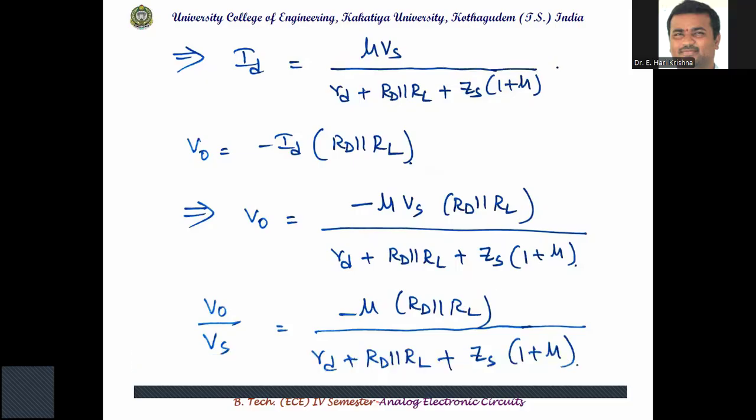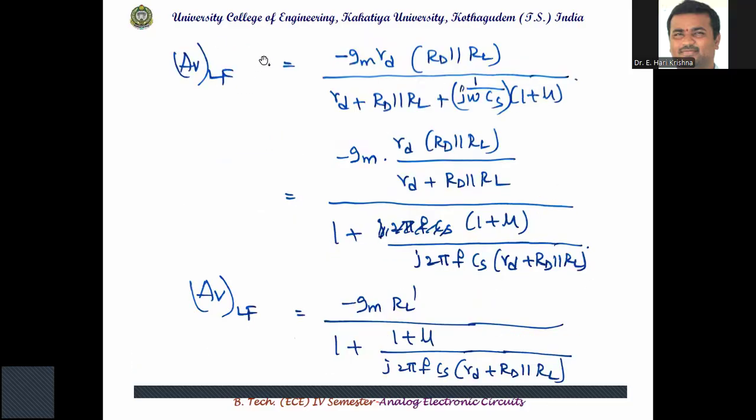More simplification is needed here, right? So mu, we are writing it as gm rd for more simplification. So minus gm rd, RD parallel RL, over rd plus RD parallel RL plus ZS, where we are substituting 1 by j omega C. It's okay, RS is neglected. So into 1 plus mu.